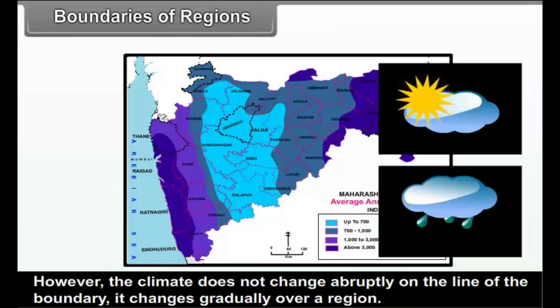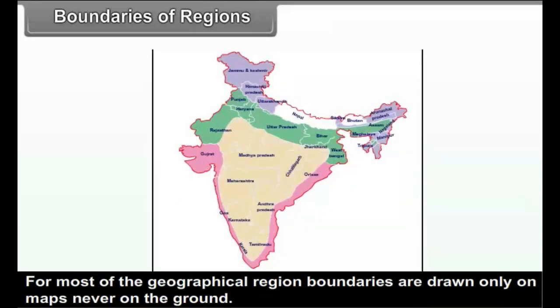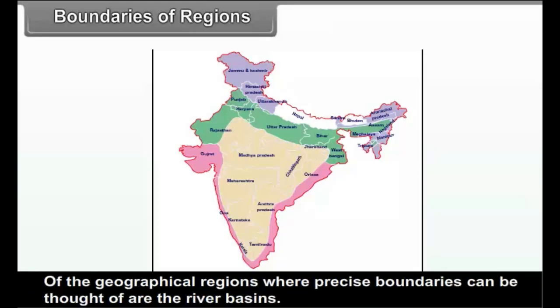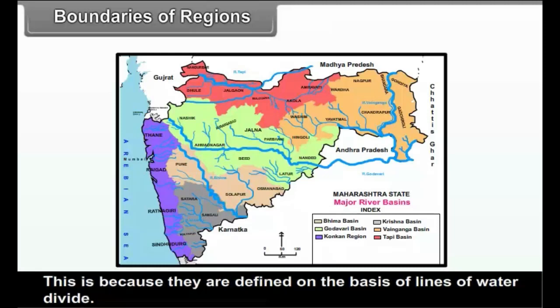It changes gradually over a region. For most of the geographical regions, boundaries are drawn only on maps, never on the ground. Of the geographical regions, the ones where precise boundaries can be thought of are the river basins. This is because they are defined on the basis of lines of water divide.